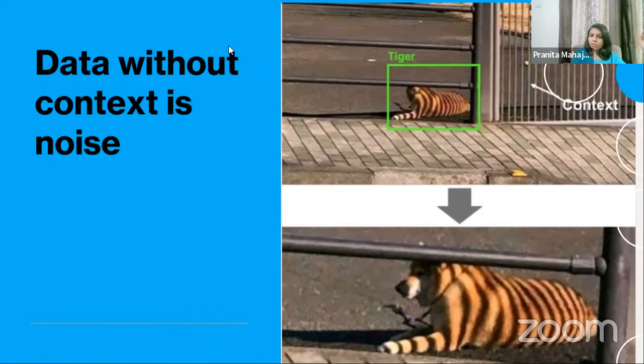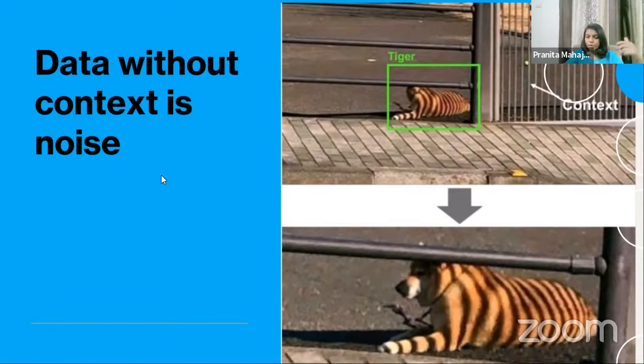Even though I'm taking an example from image processing, I've taken this example just to tell you what context is exactly. Here, if these rods as context are not known, then your model may misunderstand this image to be a tiger image, whereas it is a dog.